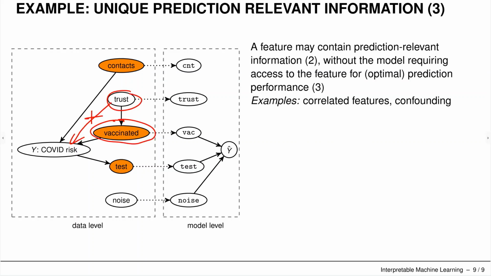So here, another example would be classical confounding, where you might be interested, to give the very classical example, in the effect of smoking on the rate of heart attacks.